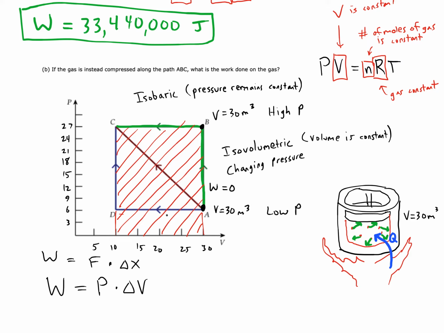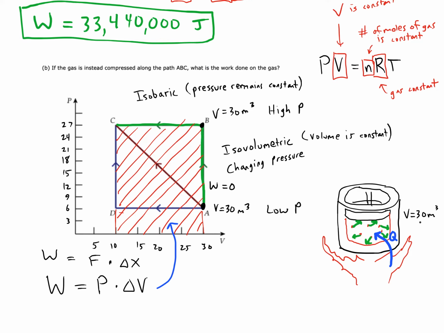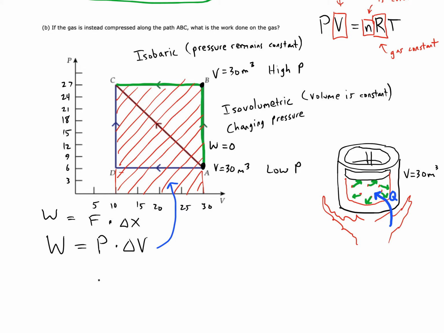And that's what we'd be calculating when we get that rectangular area here. Alright, so the pressure is a constant 27 atmospheres. We want to multiply that by the delta V.